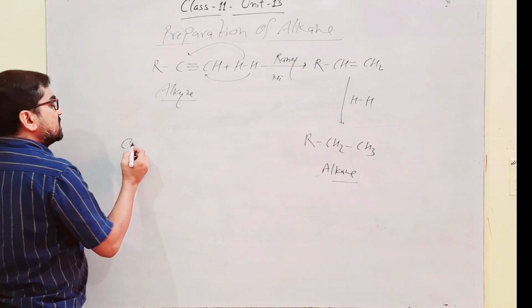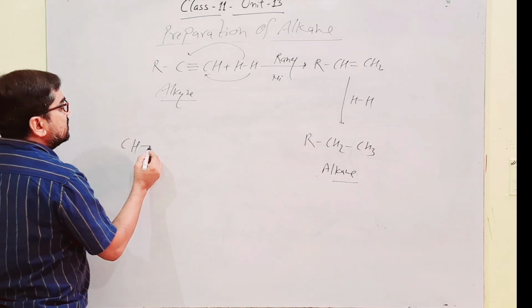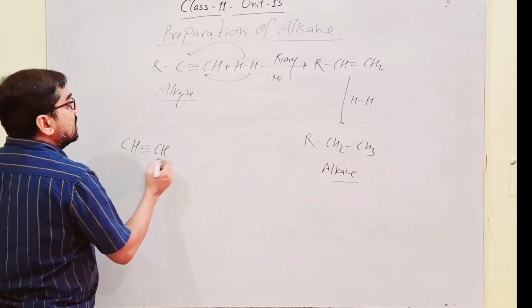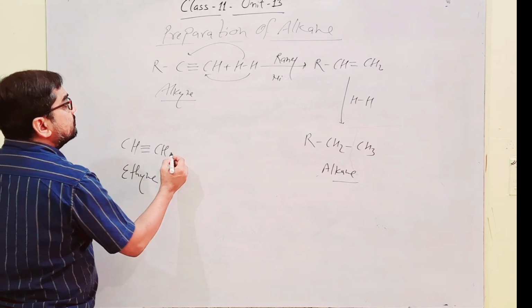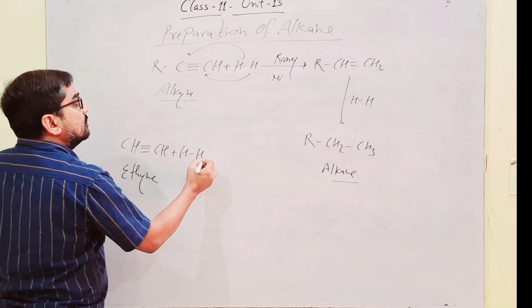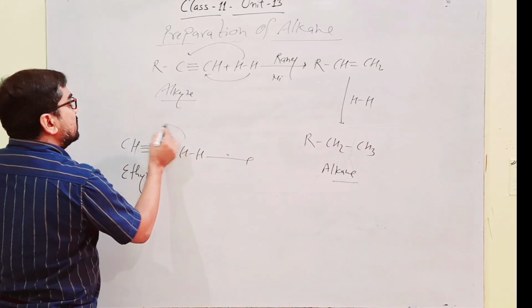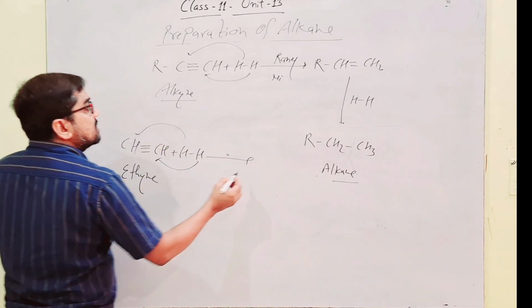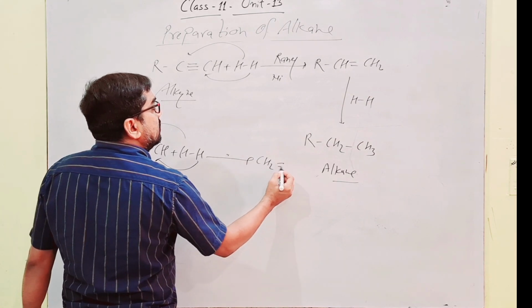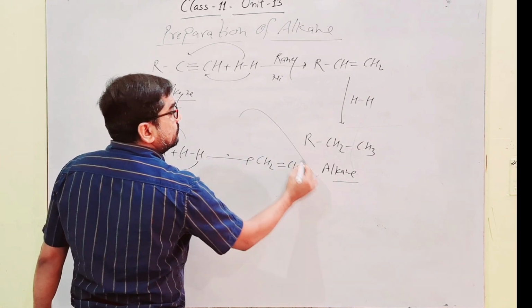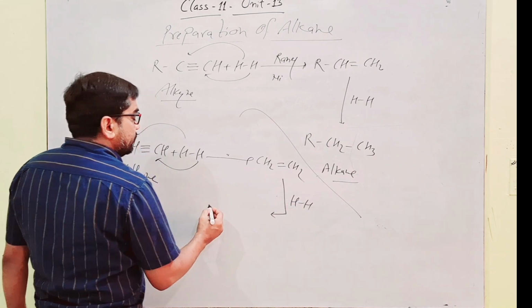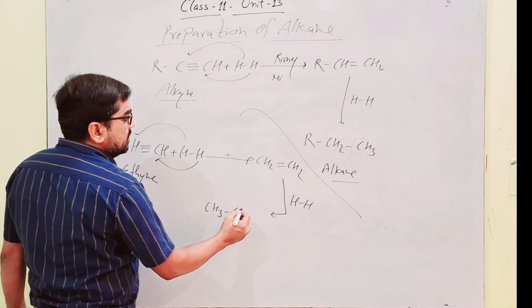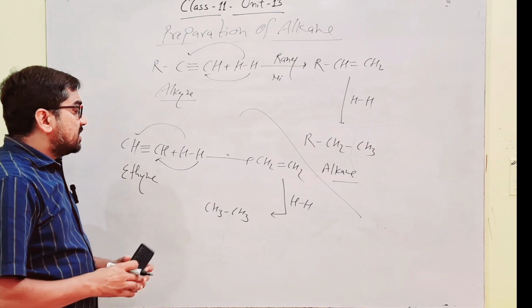A real example is CH triple bond CH, acetylene, IUPAC name ethyne, reduced under the same condition. Now here CH2 double bond CH2. Next again reduction, so formation of CH3 single bond CH3 after two steps.